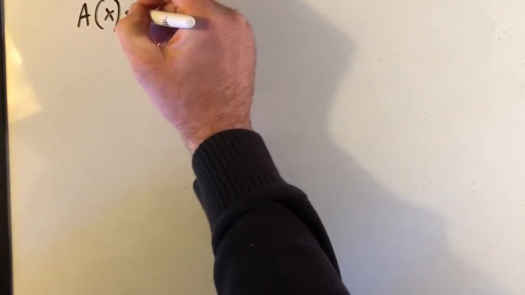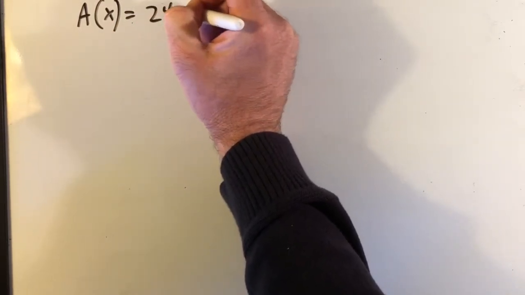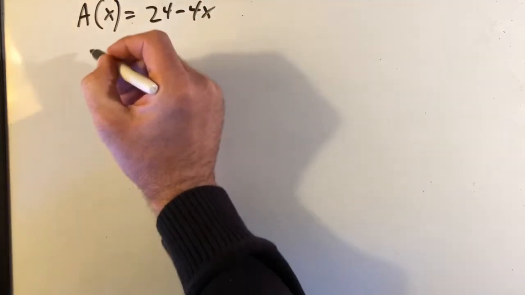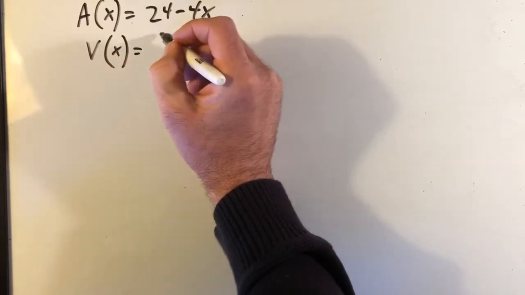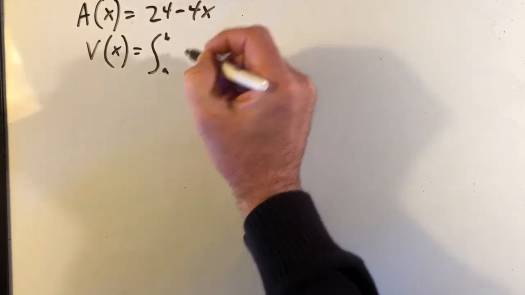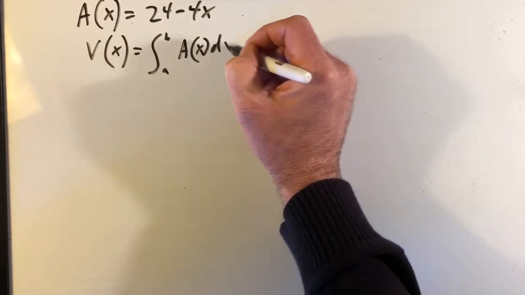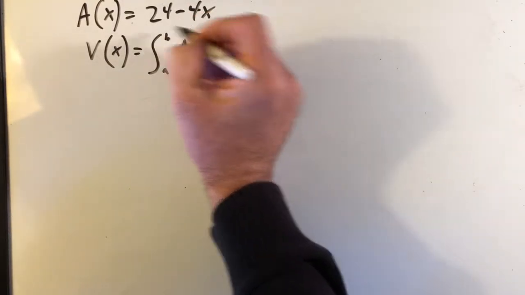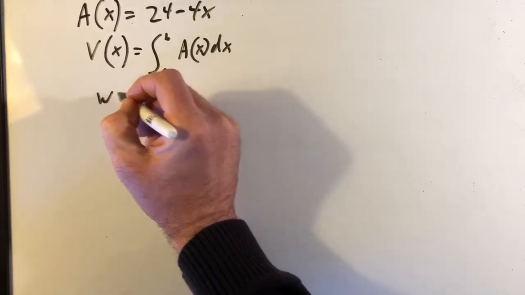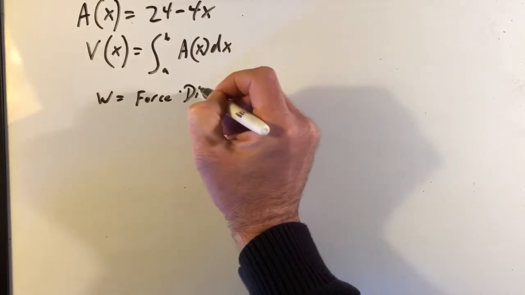Okay, so where we are now is we have a function for area in terms of x. For x, we have volume now, I'll just say per x. It's going to be the integral from b to a of A of x dx. So we know what the area is here. Work now equals force times distance.